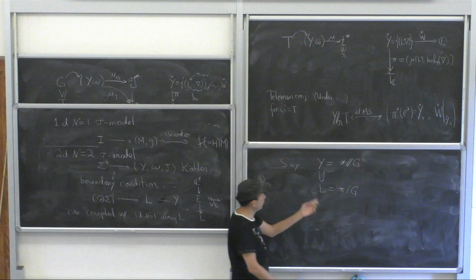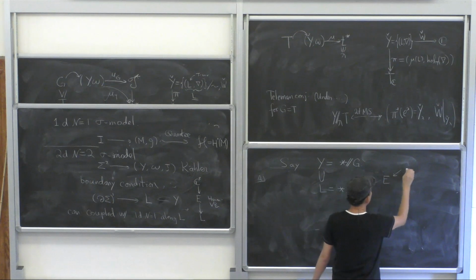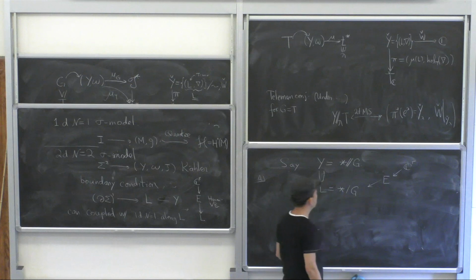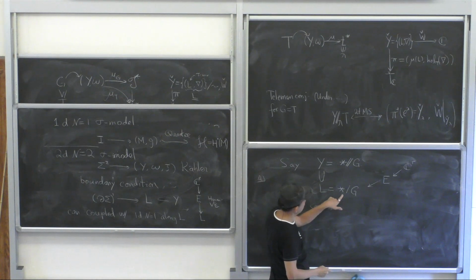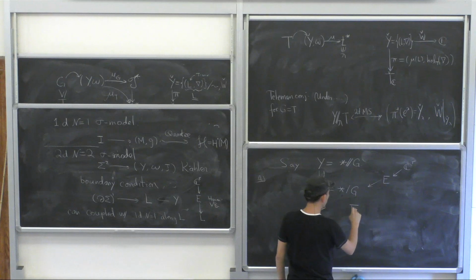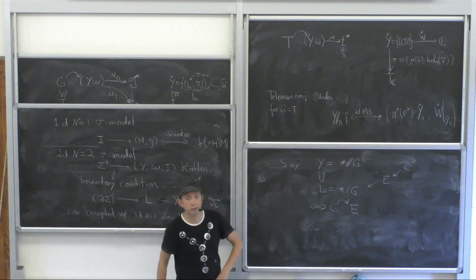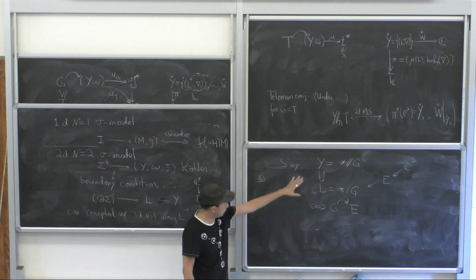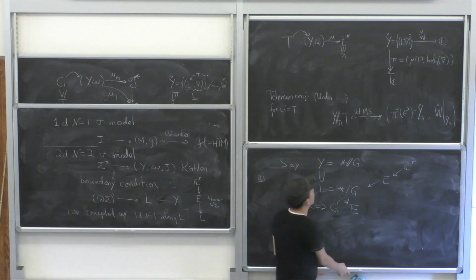Then you couple with a Hermitian vector bundle, that is the same as saying that this is just a point. This is saying that E is a representation of G. Okay, unitary representations.